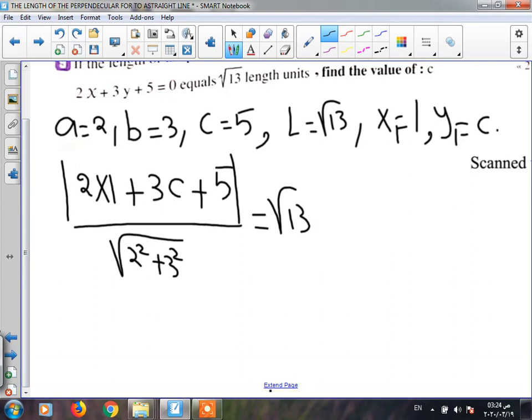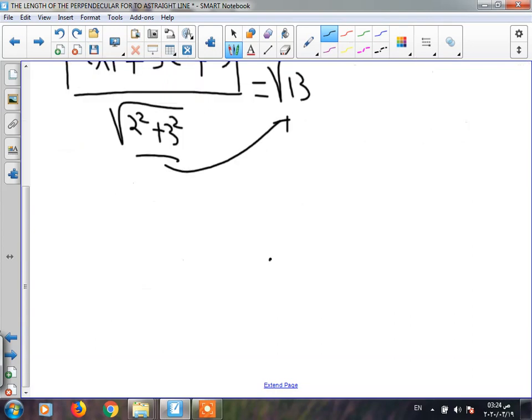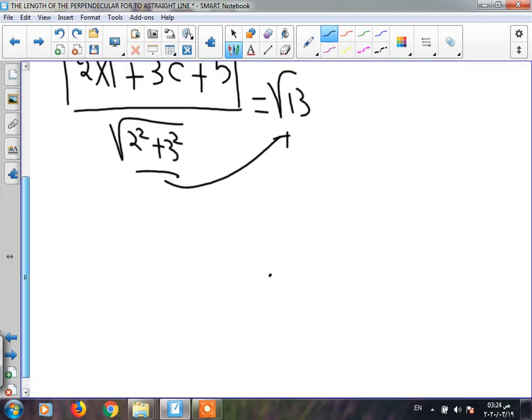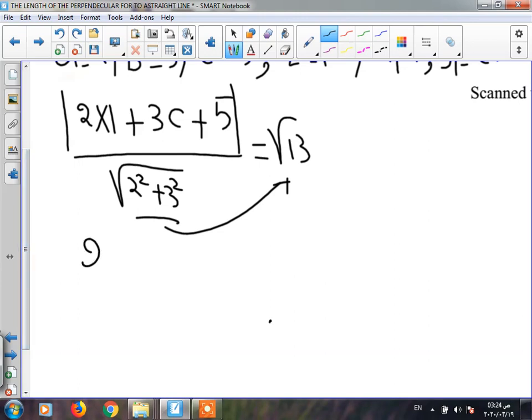If you move this part to the other side with multiplication, then we have the absolute value of 2 plus 3C plus 5 equals 13.